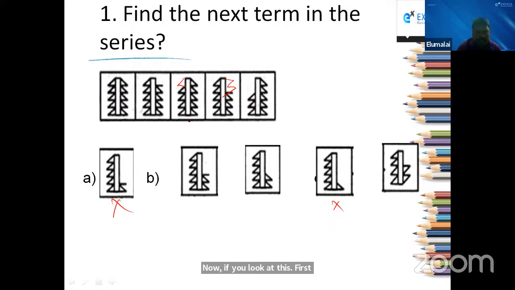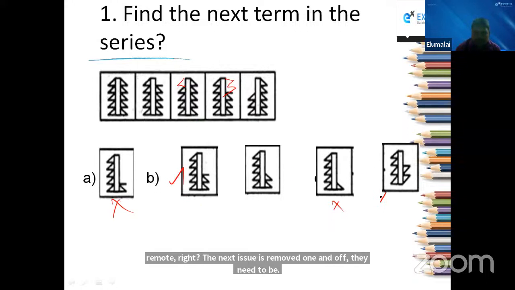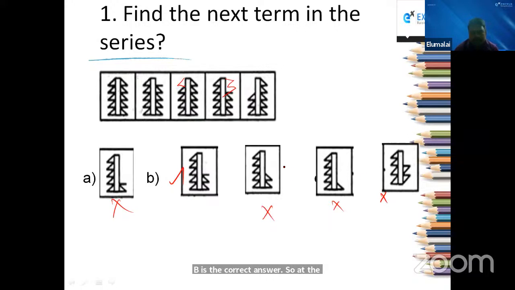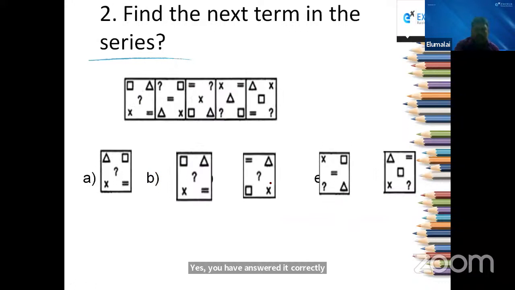The next, if it is removed 1.5, then B is the correct answer. So at the time you could have eliminated this and this. I hope you can understand this. Yes, everyone has answered it correctly. Next one. Find the next term in the series.